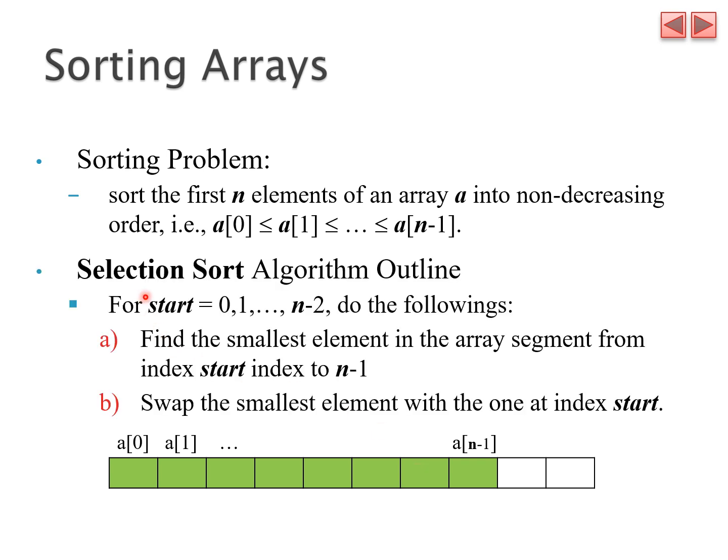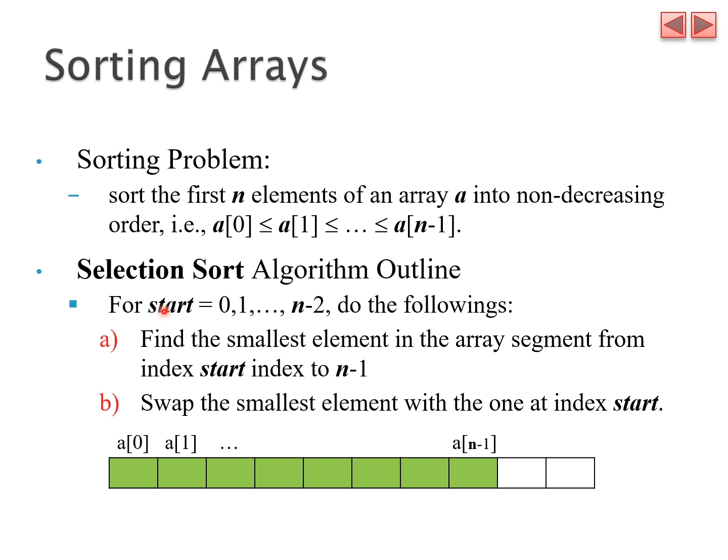The idea of selection sort is to reduce the unsorted array segment by one element at a time until the unsorted segment has only one element. We use a variable start to keep track of the index of the first element in the unsorted array segment.